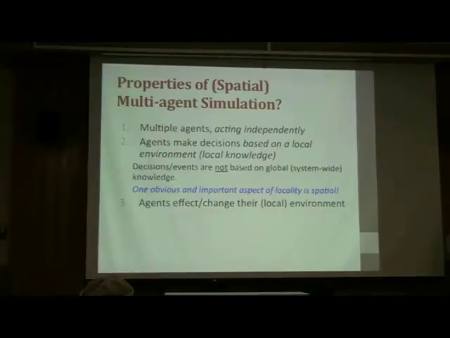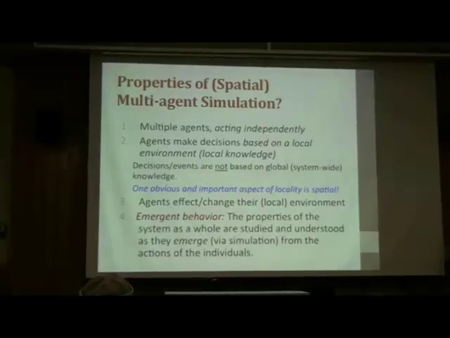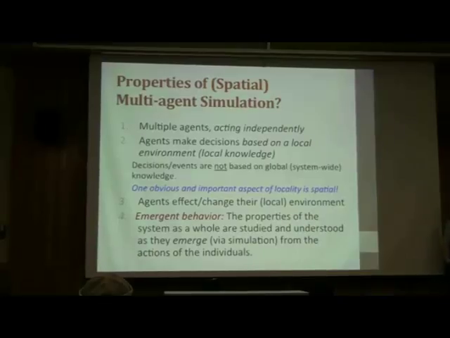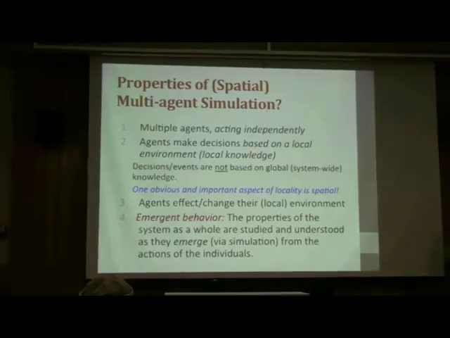If you want me to move faster because I'm saying stuff that all of you have already thought about deeply, that's also fine. Agents affect or change their local environment. And then here's the key phrase in multi-agent simulation: the idea of emergent behavior. The properties of the system as a whole are studied and understood as they emerge via simulation from the actions of the individuals.